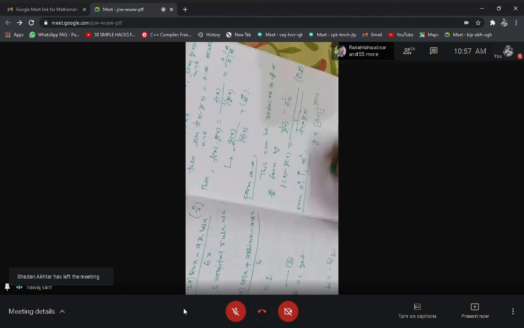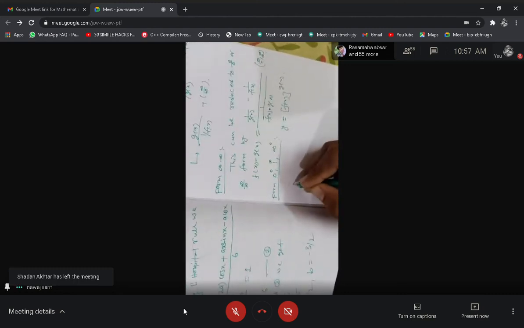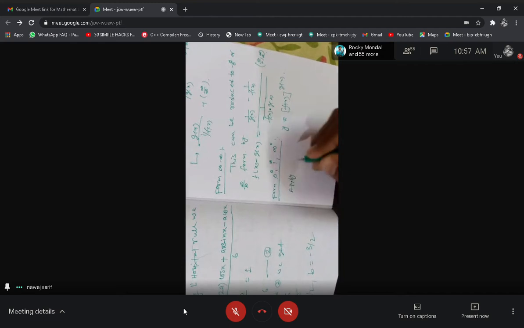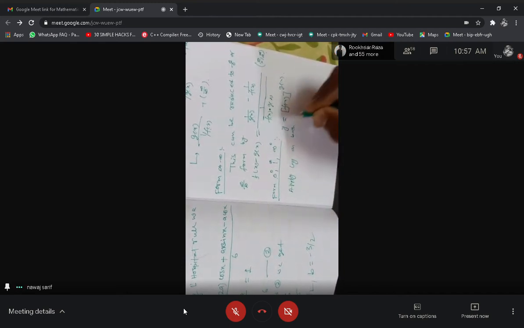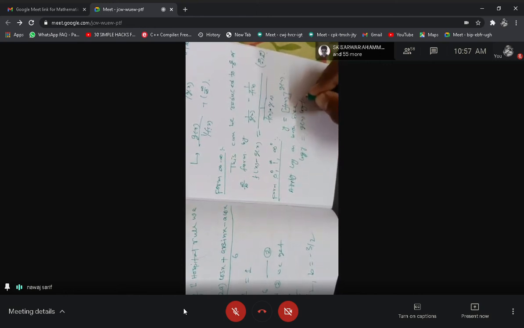Just try to apply log on both sides. What will happen? Log of y equals g(x) into log f(x).